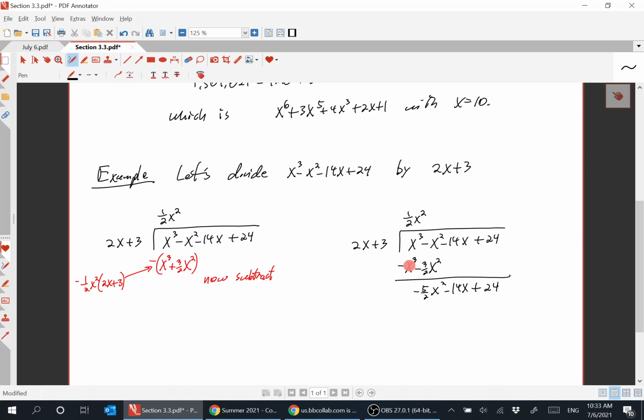Right, so x to the third minus x to the third is 0. Minus x squared minus 3/2 x squared is minus 5/2 x squared. And then bring down these other two terms, minus 14x plus 24, because you're just subtracting 0 from those. Okay, next step.